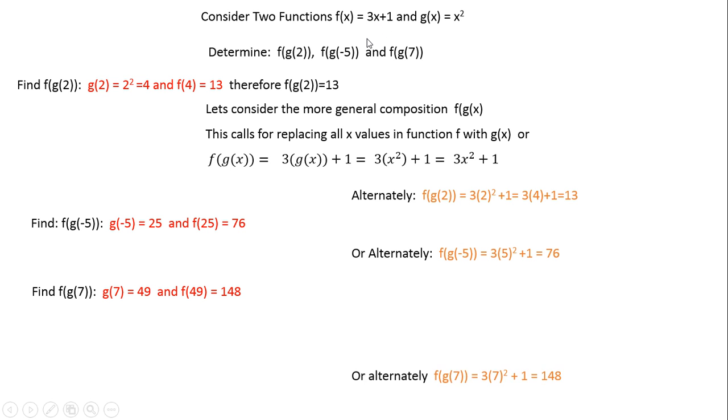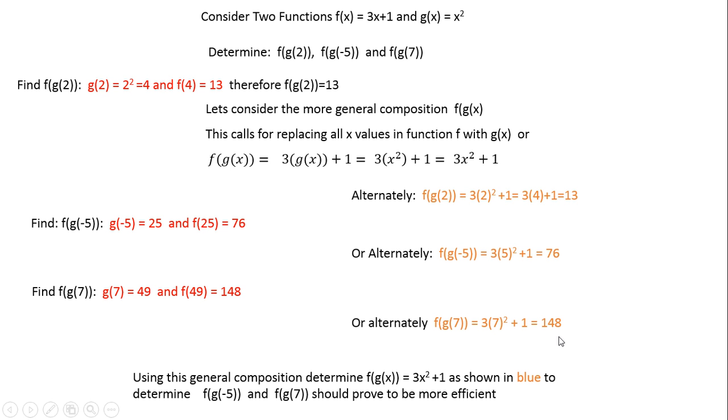Or, alternately, use the general expression 3x squared plus 1 with 7 put in: 7 squared, 49, times 3, 147, plus 1, 148.